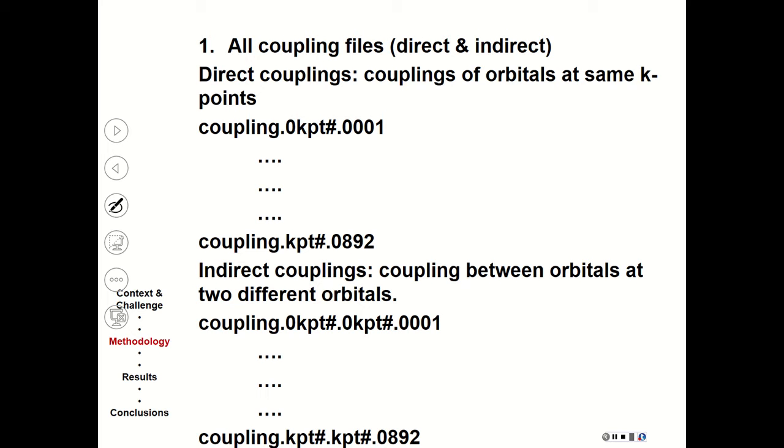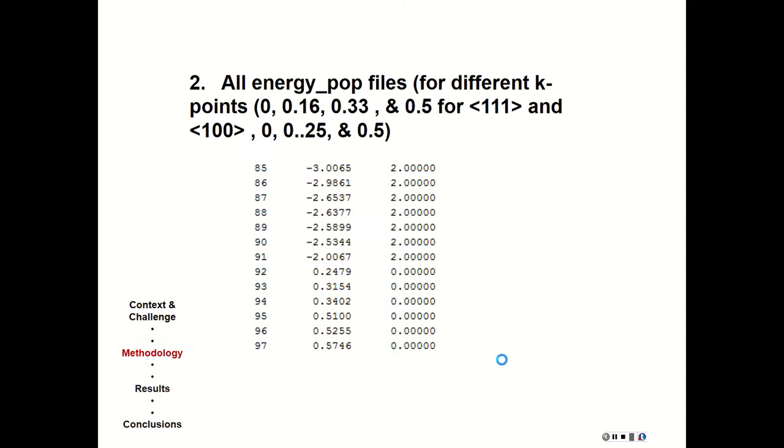For 0 to 0, 892 files. For 0 to 1, 892 files. So all of them should be in that folder where we will calculate Redfield tensors.